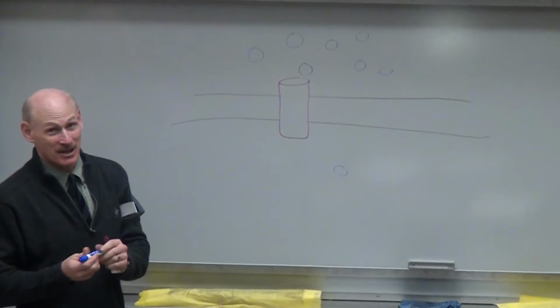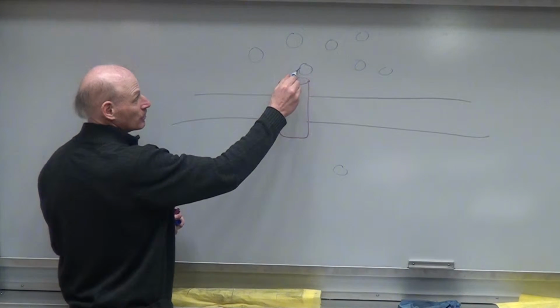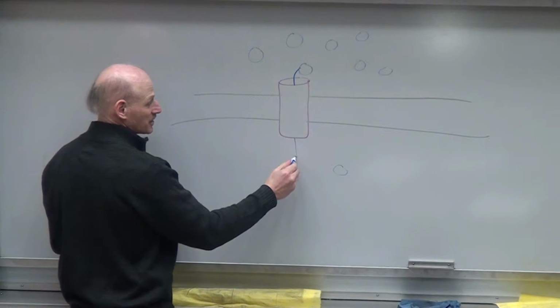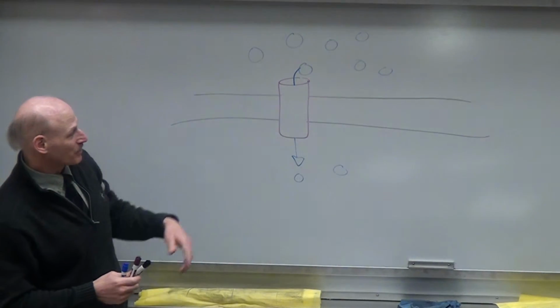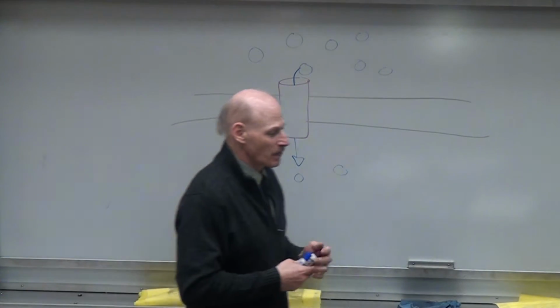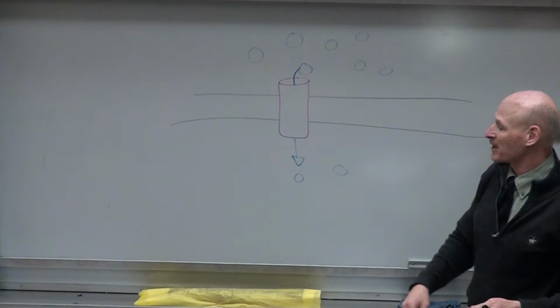Then by diffusion, these solute molecules will move from the high concentration side to the low concentration side. They'll just come barreling through because of diffusion, and the cell can tap into their kinetic energy as they go zipping on through.